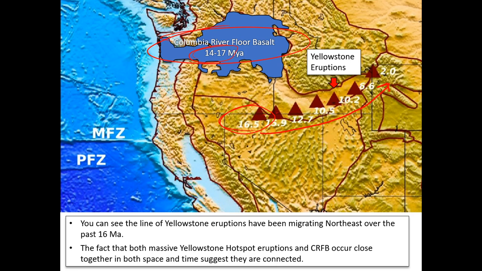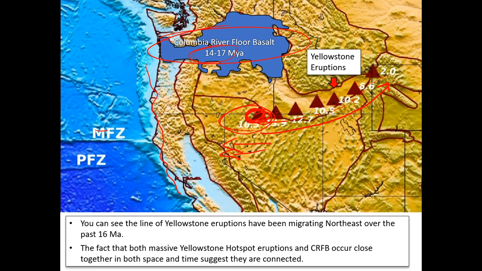The reason is that North America is moving this way, with the subduction going on right here, and there's a stationary plume here. As North America moves over that plume, the eruptions continue to move to the east. So that's a hot spot.